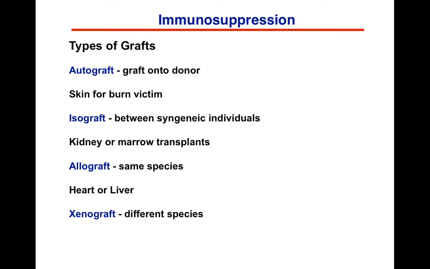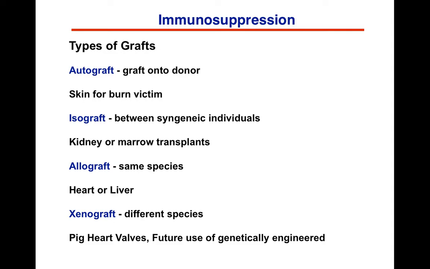The last category are xenografts. These are from different species. So these would be ones, for example, pig heart valves, and potentially in the future the use of genetically engineered animals, most likely pigs, because their organs tend to be about similar in size to humans, and nobody really cares that much about pigs.